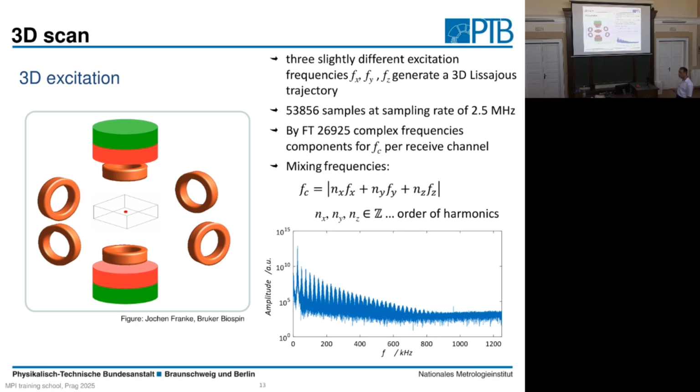And this takes 21.5 milliseconds. And during this time, we collect nearly 54,000 samples in time domain. And with Fourier transformation, we convert this to nearly 27,000 complex Fourier components.